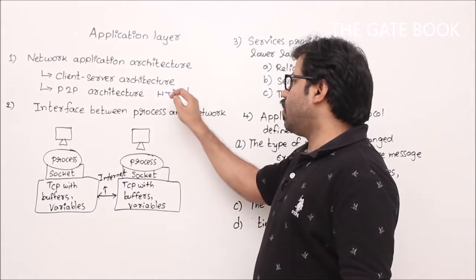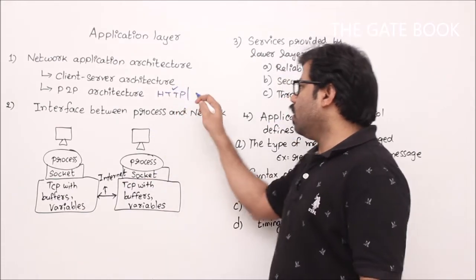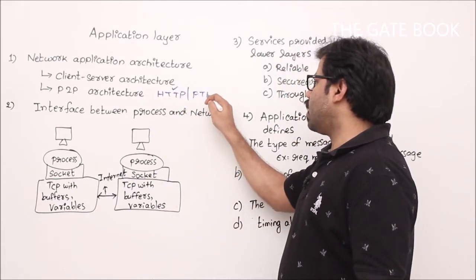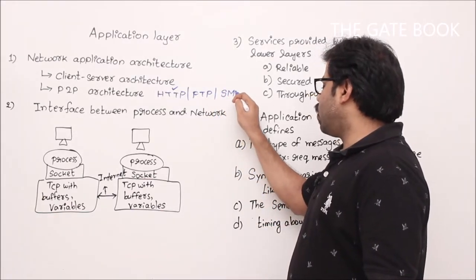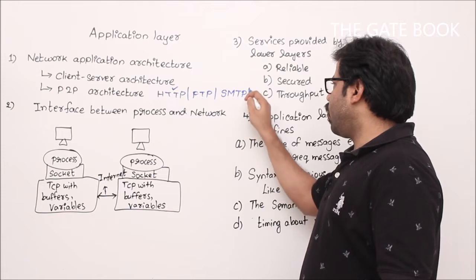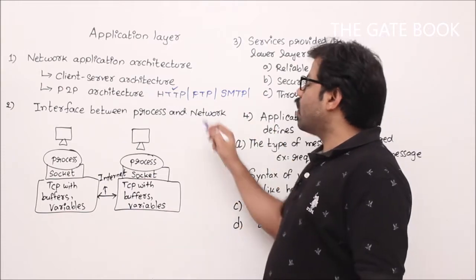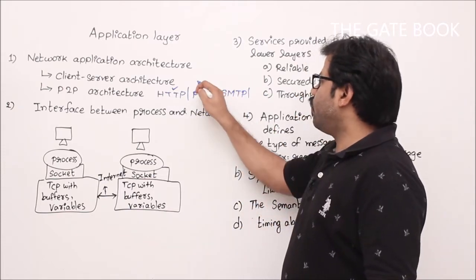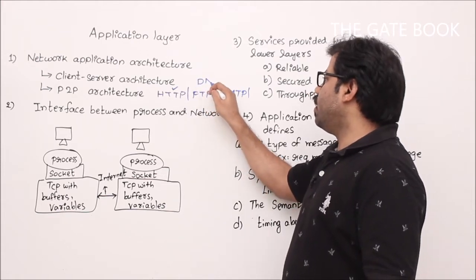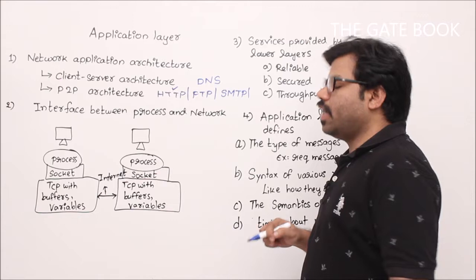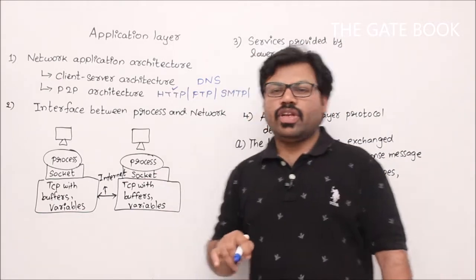Accessing web pages requires HTTP. For file transfer we use file transfer protocol, and for accessing, sending or retrieving mail we require SMTP. And similarly, if you want to know the IP address of a computer, then you need a protocol called DNS, domain name system. We will see them one by one.